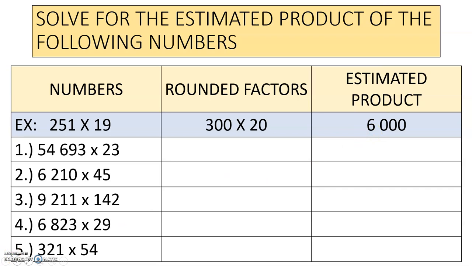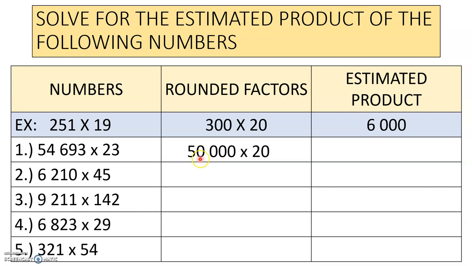Okay, so let's proceed. So, for number 1, 54,693 times 23. So, ano yung rounded factors? So, mag-start tayo sa 54,693. So, kapag ni-round off natin siya, it becomes 50,000, and then 23 becomes 20.